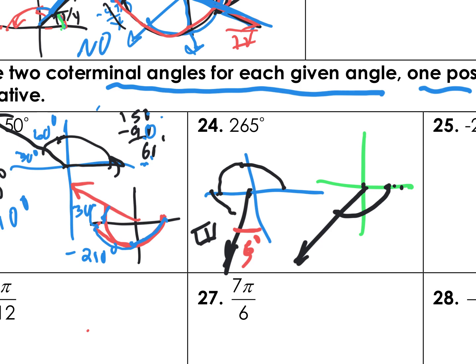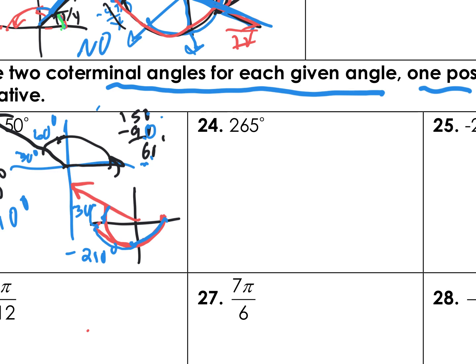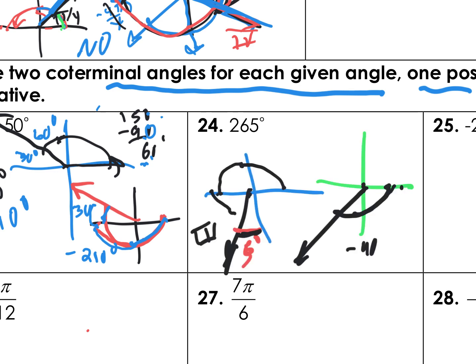So this is a negative 90 degrees right here. But remember, I said this was a 5 degree distance. So if I add 5 more degrees to the 90, make it negative 5, that adds up to a negative 95 degrees. There it is. Negative 95 degrees is coterminal with the 265.